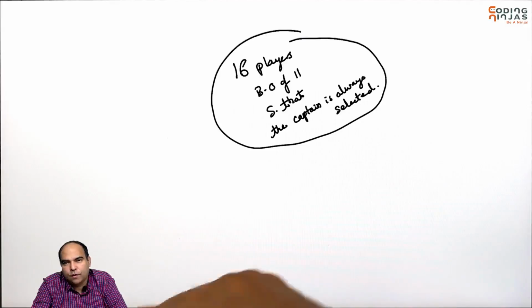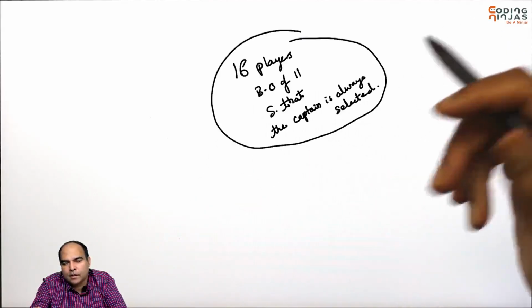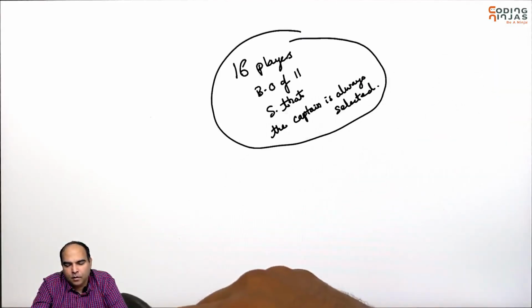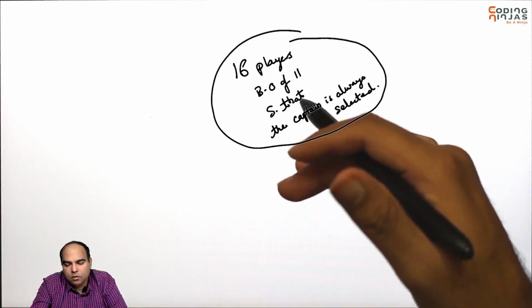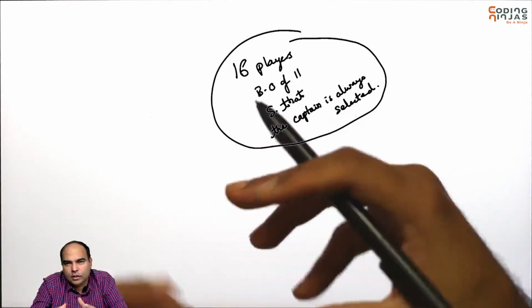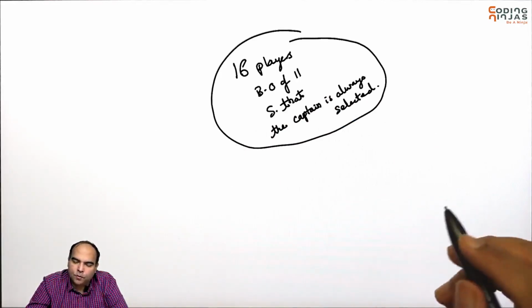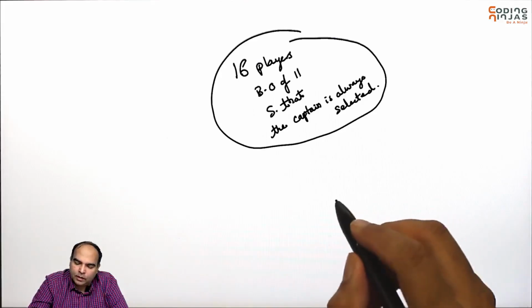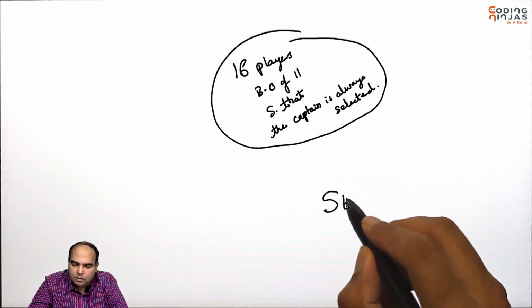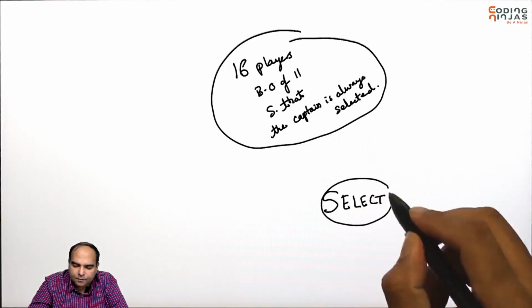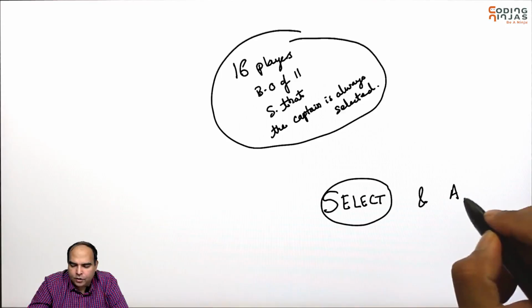nPr is a situation where you have 16 players, you want to select 11 and place them in a circle, or you place them on a line. In this scenario, there's a twist in the selection. So in such cases, nPr stops working, and the only way to do things is to select separately and arrange.